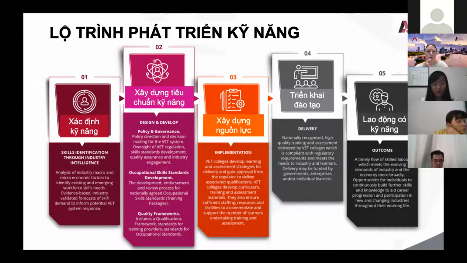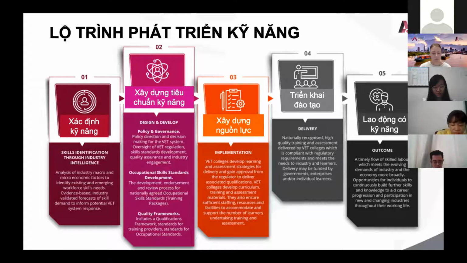This is really the foundation stone of everything that we try to do in the sector. We move then into implementation, and that's where the VET colleges develop learning and assessment strategies. That's where you develop your staffing structures, your staffing plans, your recruitment strategies. It all comes on the basis of that industry intelligence.